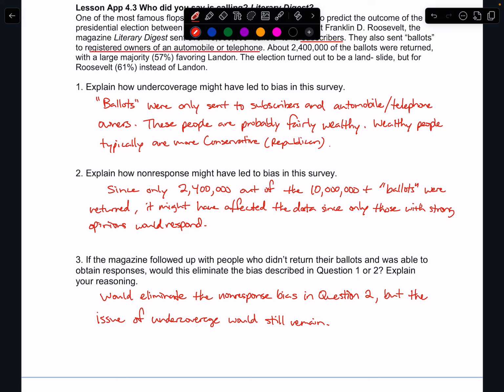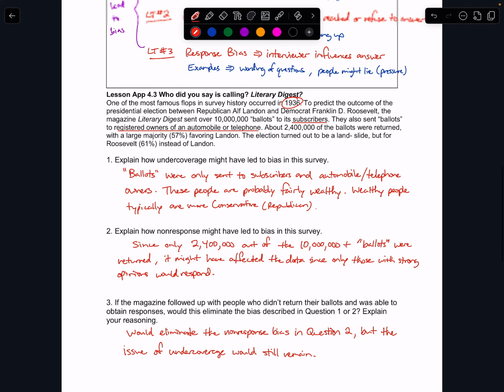So even though I am fixing the issue of the people who didn't respond in question 2, I still have that issue of there's just a lot of people I'm not reaching, and I really want to basically allow everyone to be reached. Even if I don't reach out to everyone, everyone has a chance at the ability to be selected for this. So hopefully that makes sense.